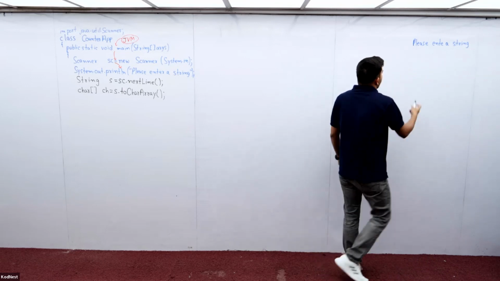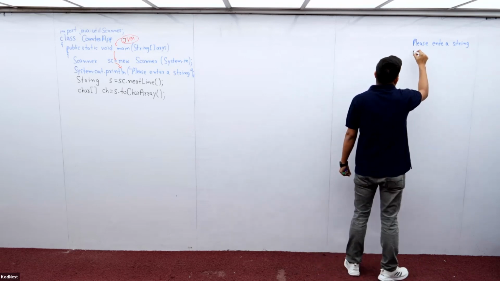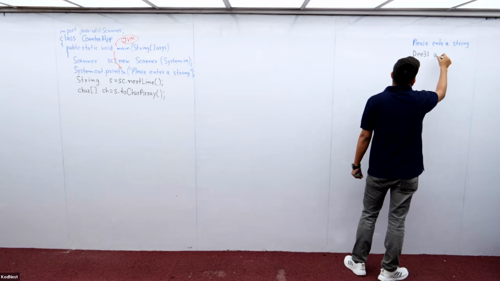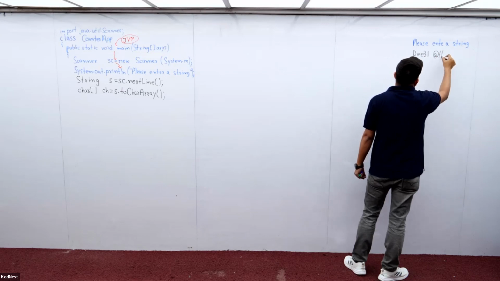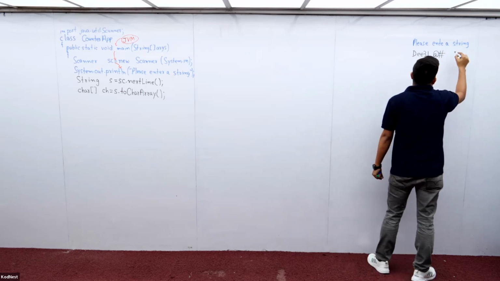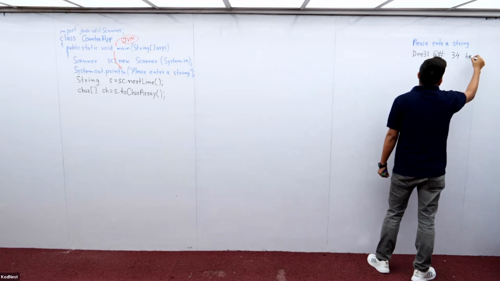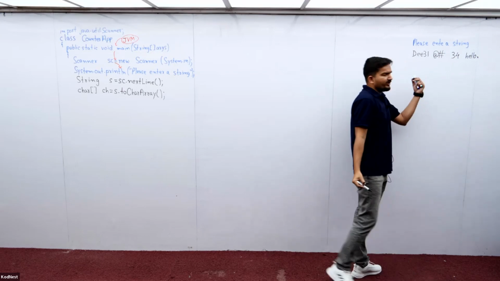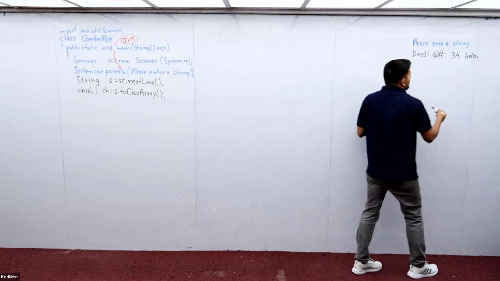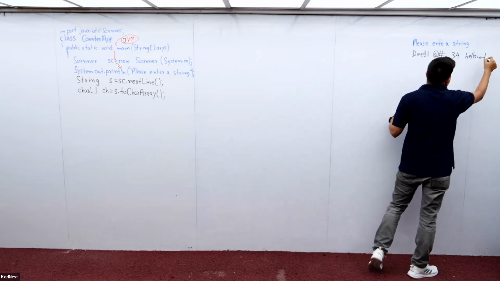Let's suppose the user is entering something like DEE31 at the rate hash space 34, maybe hello, full stop. Let's suppose the user has entered something like this. After writing this, the user is going to press enter.